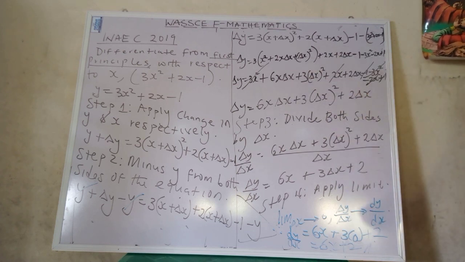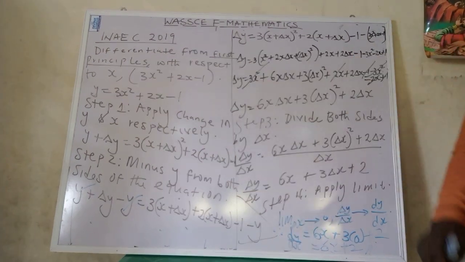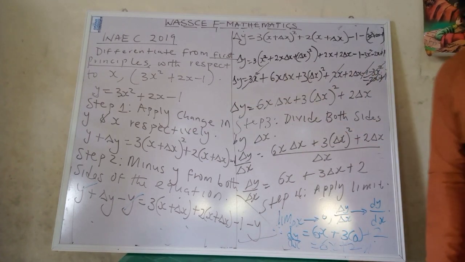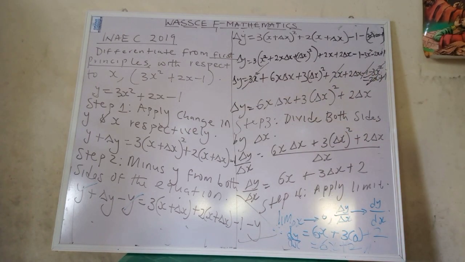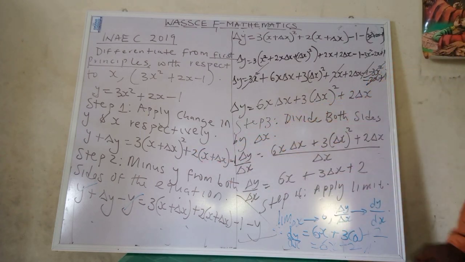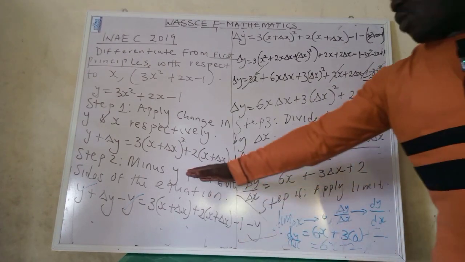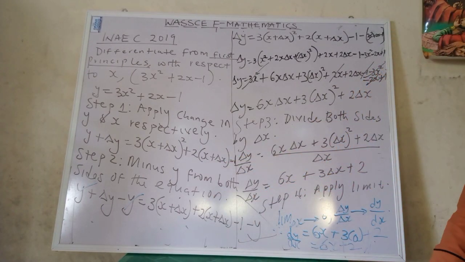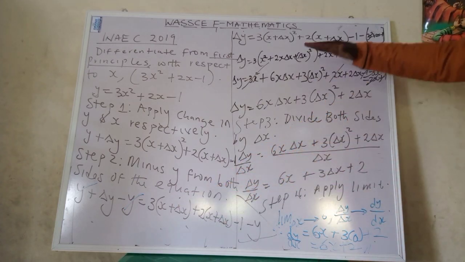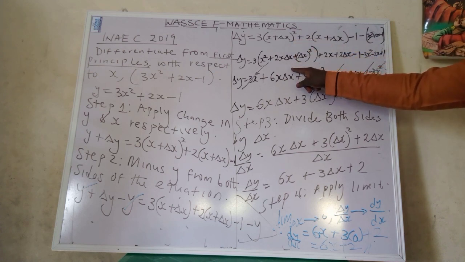So you look at it as I explain again. Step number 1, you are given a question like this. Apply change in x and y respectively. And we have this step here. Step number 2, you have to minus y from both sides of the equation. And that's what we did here. We expanded this and we arrived there.